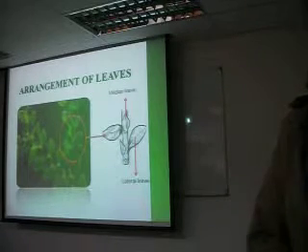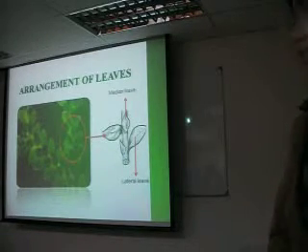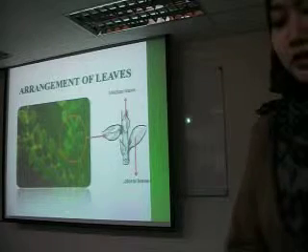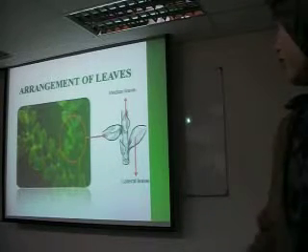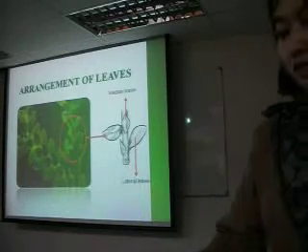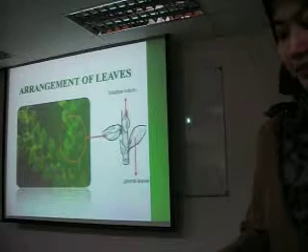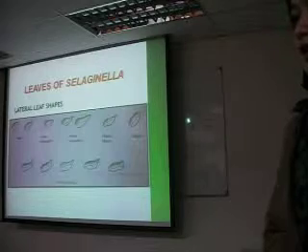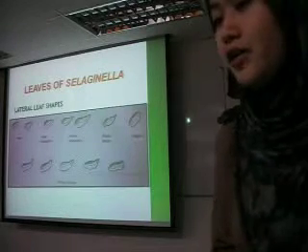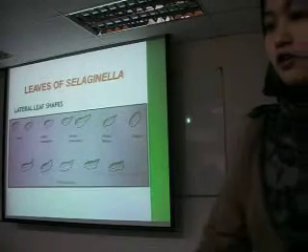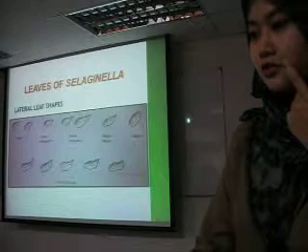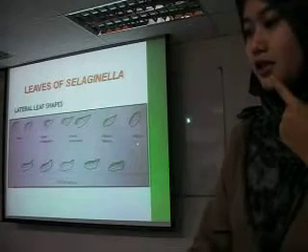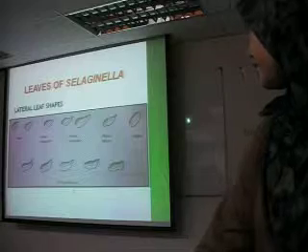Many species of Selaginellaceae have a very distinctive leaf arrangement with 2 rows of smaller leaves and 2 rows of larger leaves. For the leaf of Selaginella, there are 6 kinds of lateral leaf shape: ovate, ovate triangulate, ovate lanceolate, elliptic falcate, elliptic and oblong falcate.